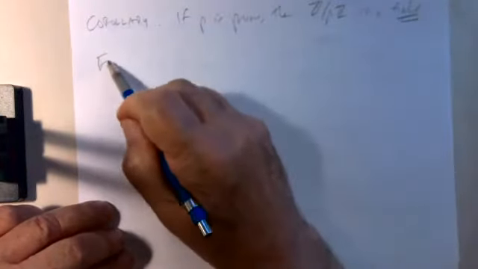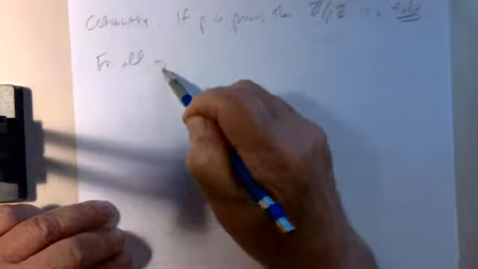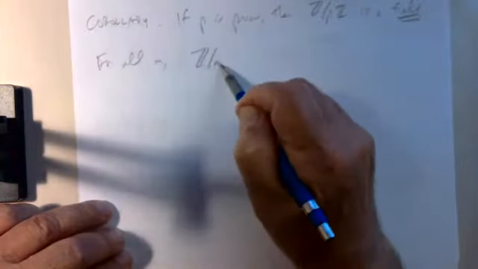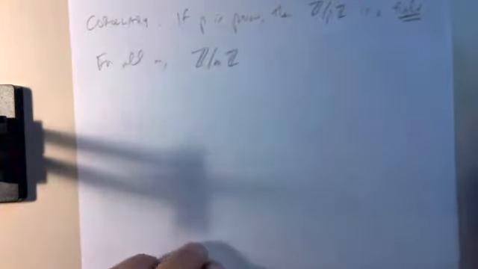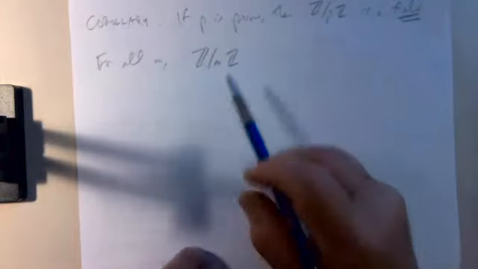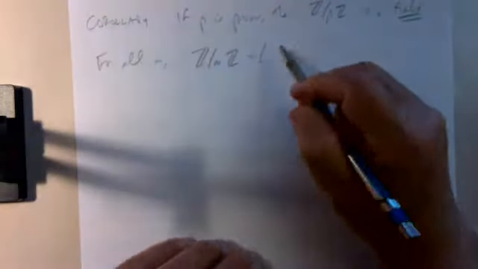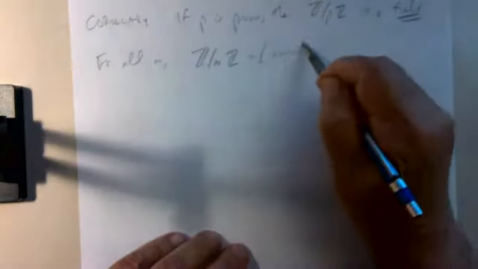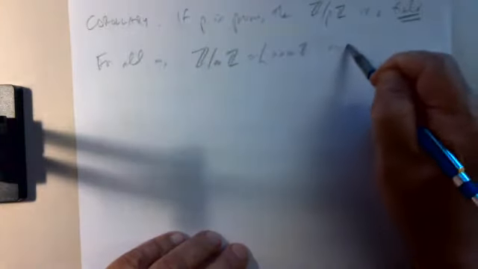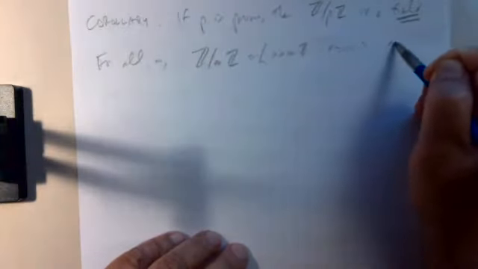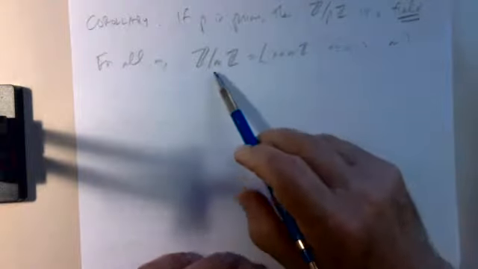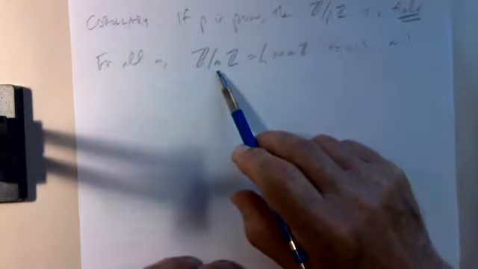So we know that for all m, the set of congruence classes Z mod mZ. You have to remember that this is a finite set. This is just all the congruence classes i plus mZ, i going from 0, 1, 2 up to m minus 1. So this is a finite set, and each element of this set is an infinite set of integers.